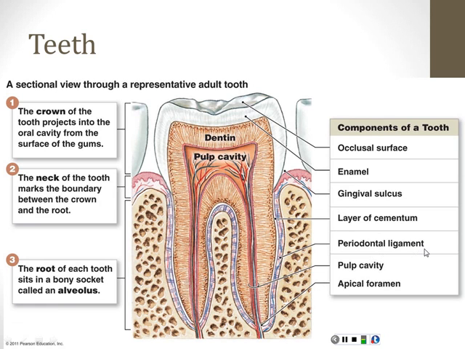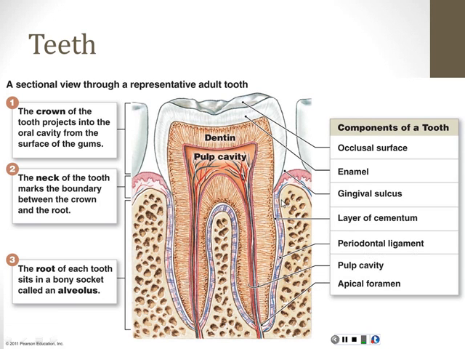And they're very, very strong. So even though they're very small, they very securely hold this tooth in place. But they also give the tooth a little bit of motion. The tooth can move a little because these periodontal ligaments provide a sort of suspension system for the teeth.